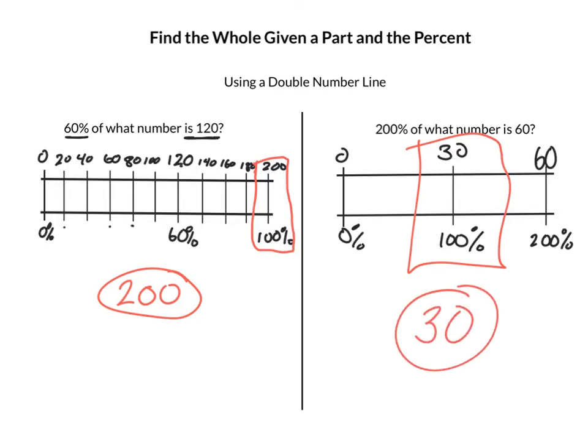So 200% of 30 is 60. This makes sense because 100% of 30 is 30, and 200% of 30 is 60 because we're doubling 100% to get 200, so we have to double the 30 to get 60. That's how you use a double number line. Your whole always lines up with your 100%, and your part will line up with whatever the other percent is in the problem.